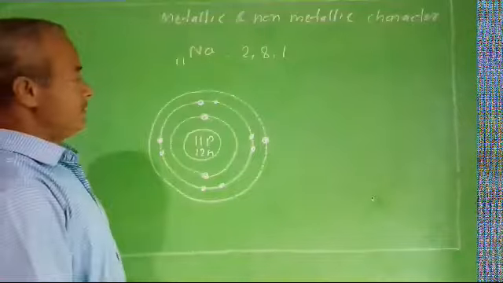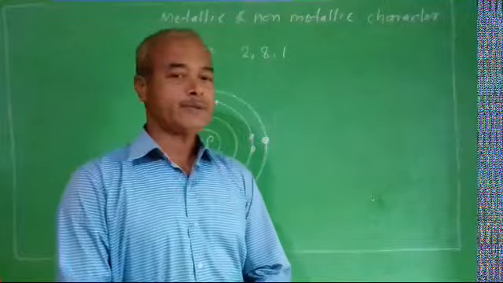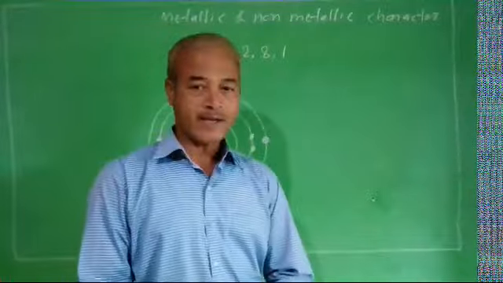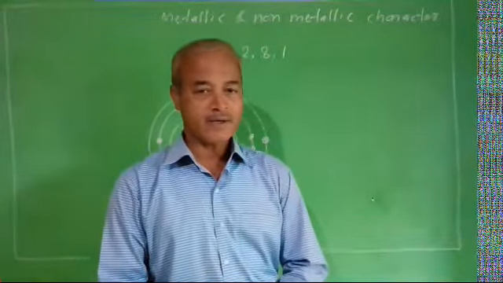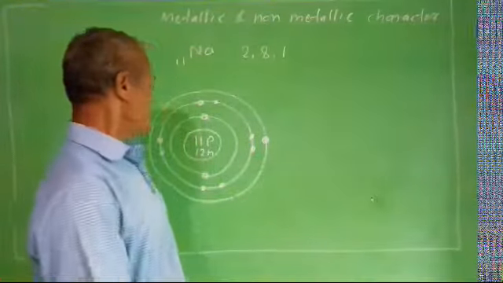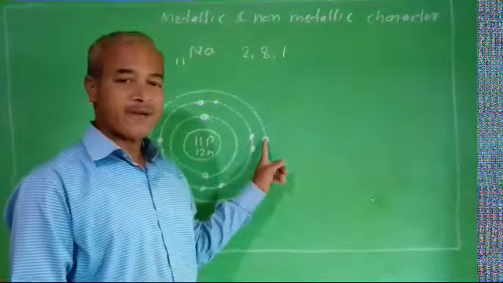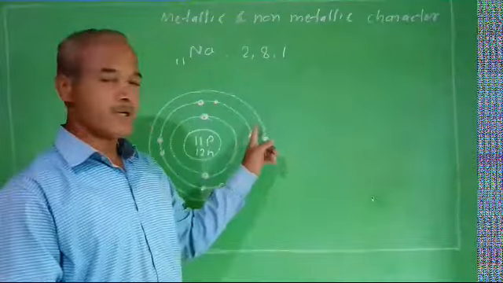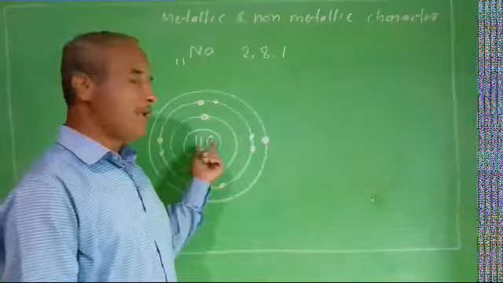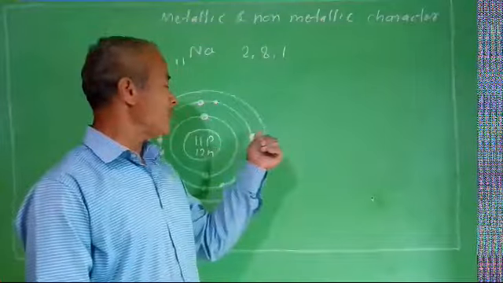So in this way, metals have either 1 electron, 2 electrons, or 3 electrons in the outermost shell, that is the valence shell. Now, because of the small number of valence electrons in the outermost shell, the effective nuclear charge exerts less force of attraction on the electrons.